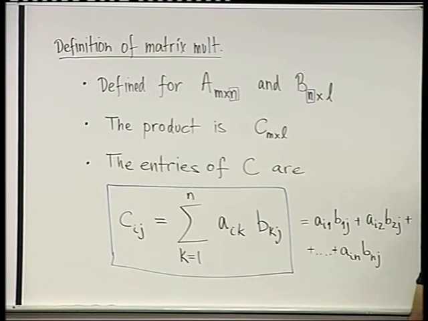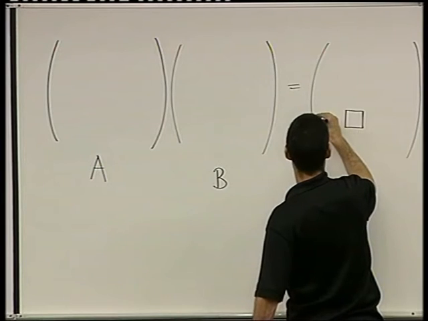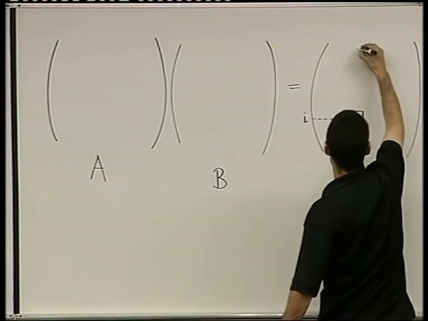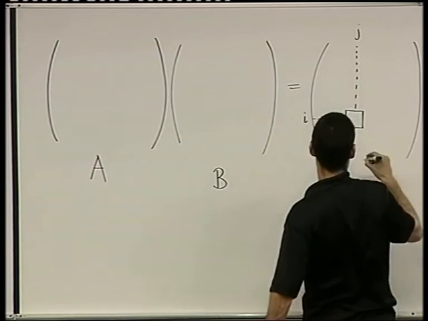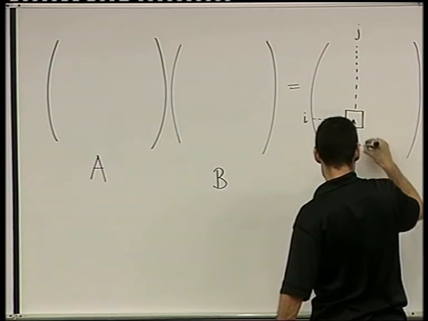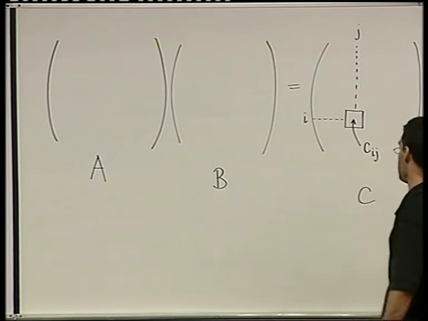So here's a more abstract way. Here's A, here's B, and we get a matrix C. So this is C and this is B. And in order to get the ijth element in C, so this is the ith row and the jth column in C. So this dude here is the element c_ij.